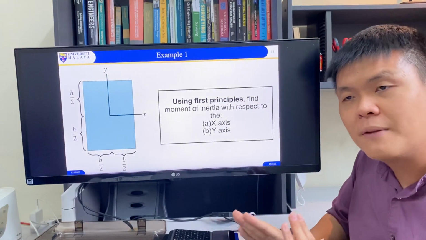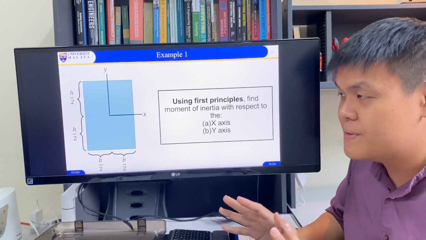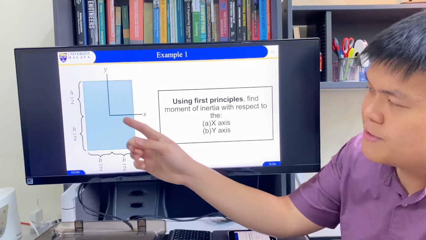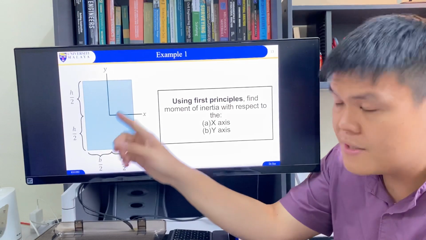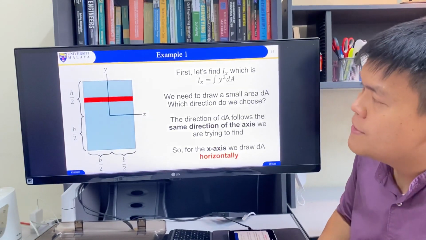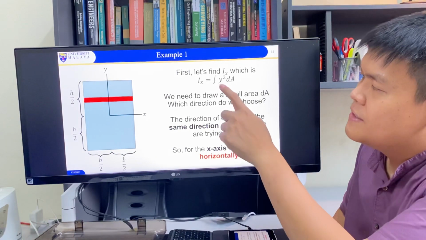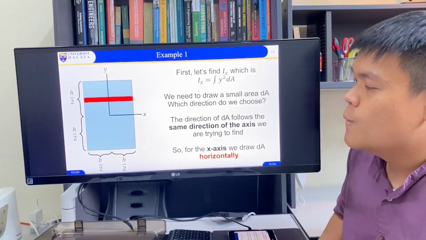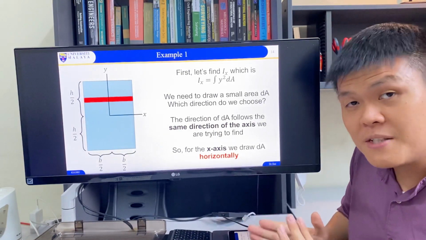So example number 1, using first principles. Find the moment of inertia with respect to the x-axis and the y-axis. So let's find Ix. Ix is the integral of y squared dA. We draw a small area. Which direction to choose? Same as before.